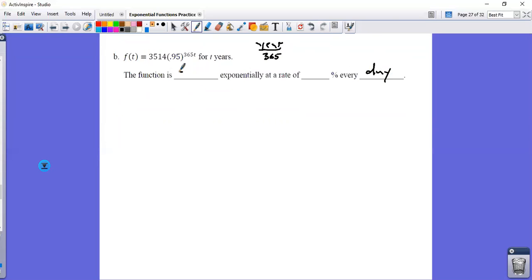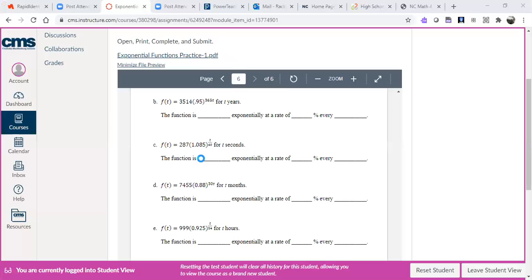So this is decay. 1 minus 0.95 is 0.05. So that's 5% each day. Just in time.